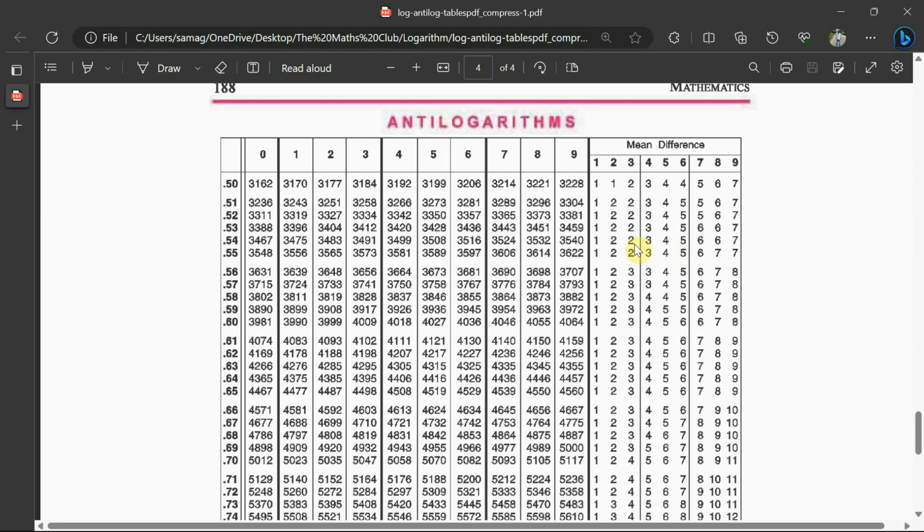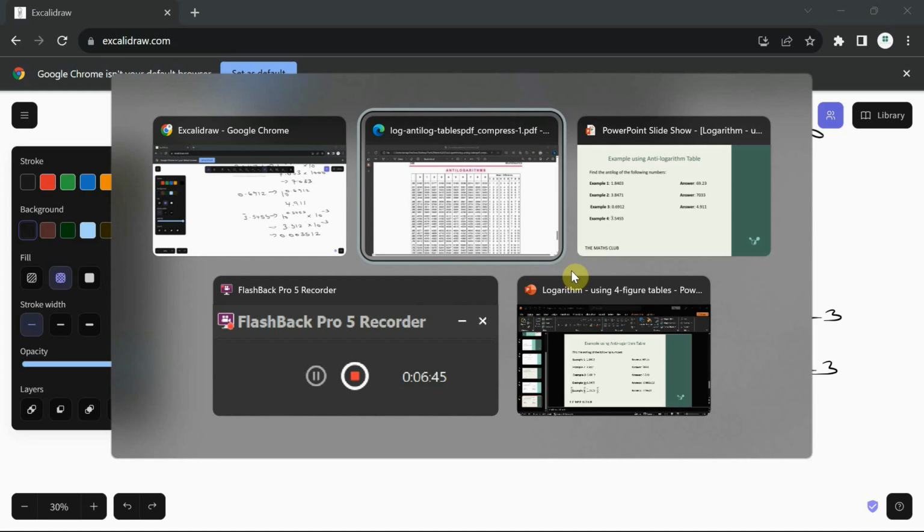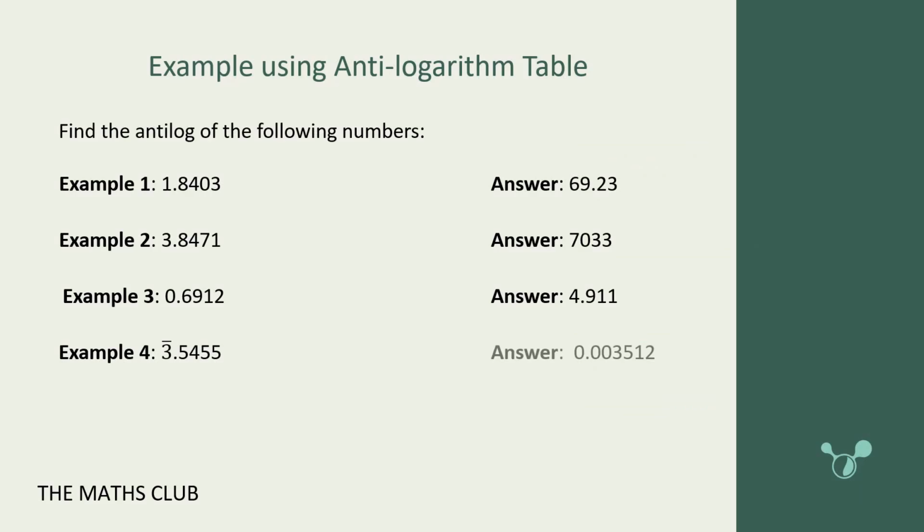The difference of 5 is 4. So this is 3508 plus 4, which is 3512. So 3.512 times 10 raised to the power of minus 3. I'll just shift this 1, 2, 3 times, meaning I'll have 3 zeros before my 3512. So this is 0.003512. Great, this should be our answer. Let's see if we're correct.